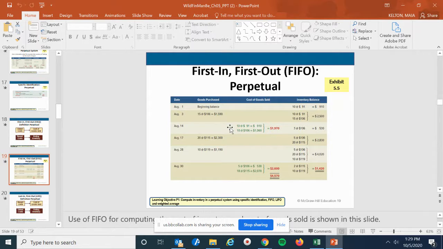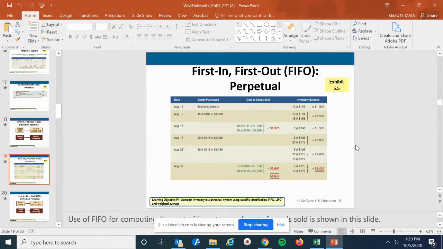Under first in, first out, again, the assumption is that the company will sell the oldest units first. And you can see right here that they're selling all 10 units at $91. In addition to that, 10 of the most currently purchased units at $106, which makes the ending inventory balance the 5 units remaining at $106 per unit.